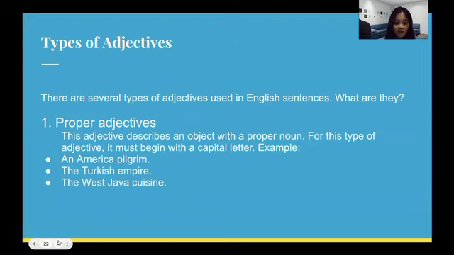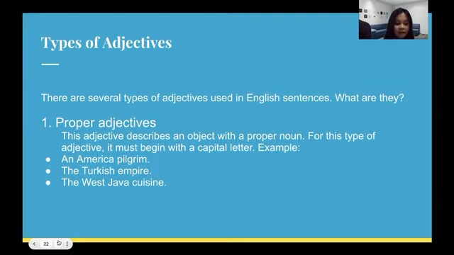Types of adjectives. There are several types of adjectives used in sentences. One is the proper adjective. This adjective describes an object with a proper noun, and it must begin with a capital letter.